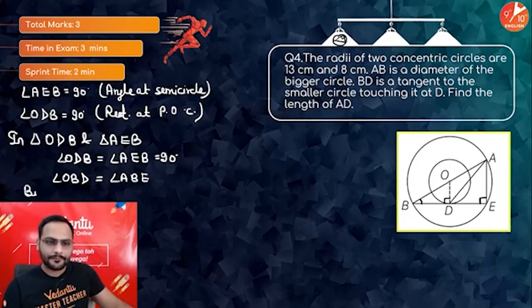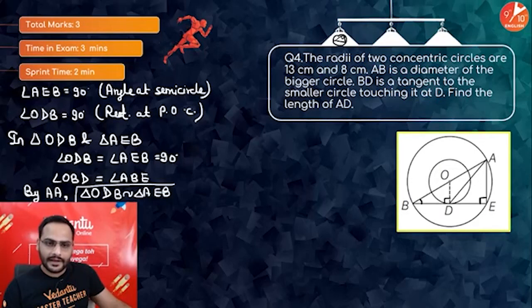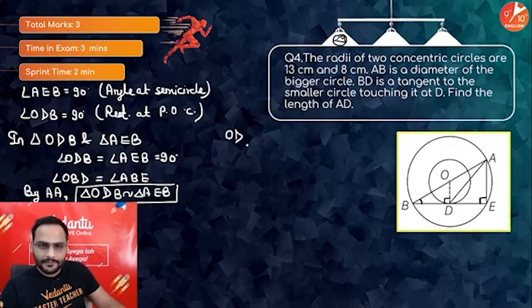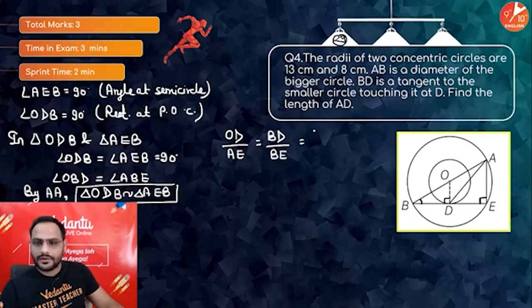So by AA rule, triangle ODB is similar to triangle AEB. And if they are similar, why am I doing it? If it is similar, I can say OD upon AE is equal to BD upon BE is equal to OB upon AB.